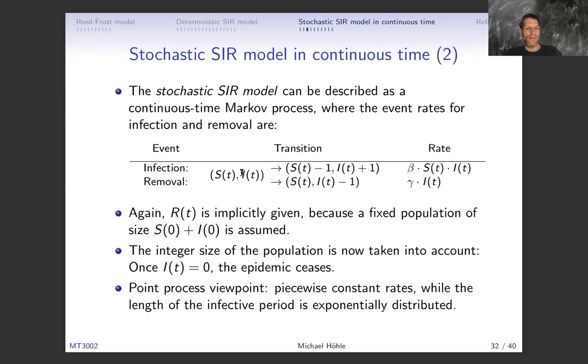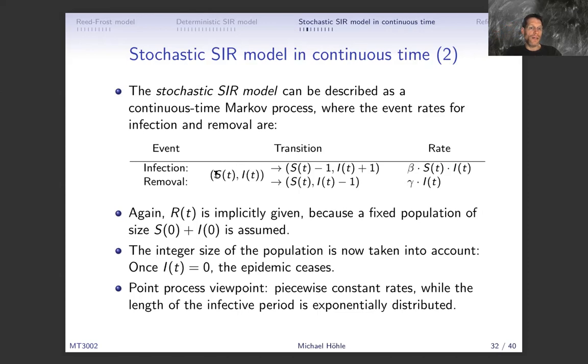Well, the big distinction is that once one of these quantities, in particular the number of infections, turns 0, the epidemic is over, because you would have this multiplication by I. Of course, also the same for the number of susceptibles. But here, once the number of infectious becomes 0, the epidemic is over. Within a deterministic ODE type description, this is not possible. It will just become very low, but it will never really become 0.